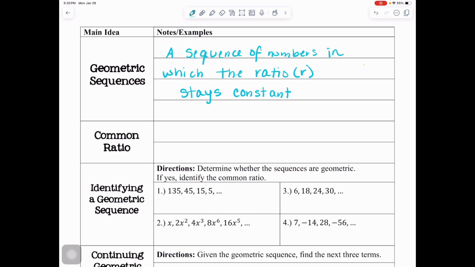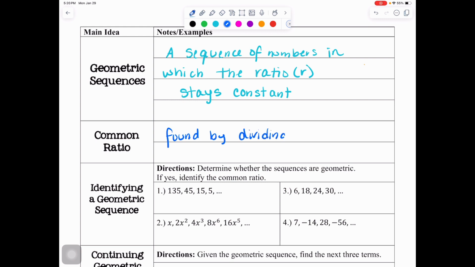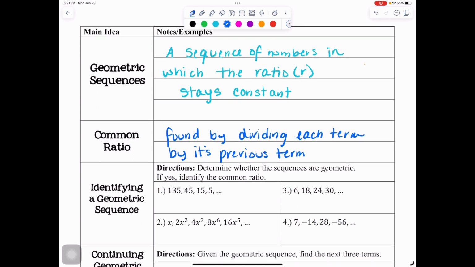That r ratio that I'm talking about is called a common ratio, and it is found by dividing each term by its previous term. So an arithmetic sequence has a common difference. A geometric sequence has a common ratio, which is why we've separated the sequence into our newest chapter.